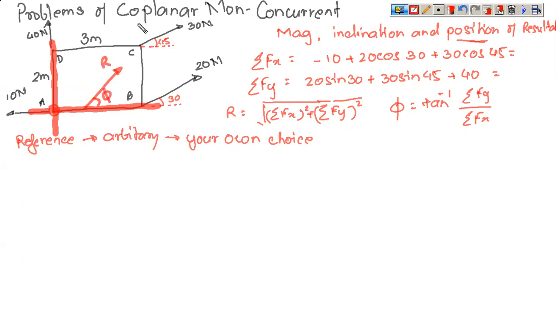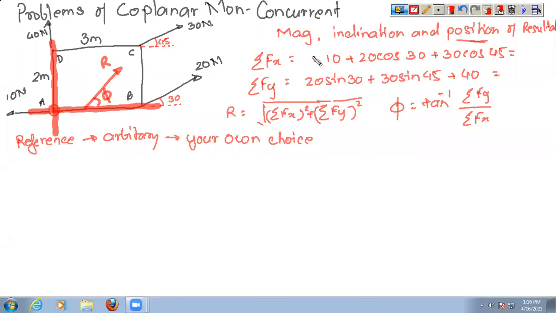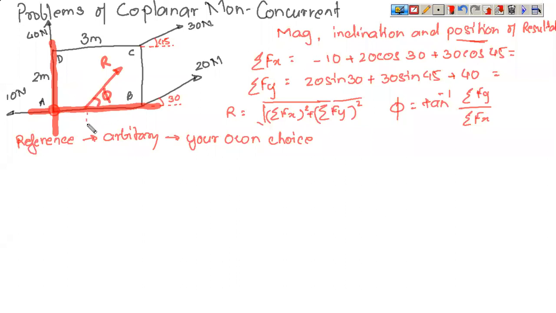Now the magnitude of R and phi you have already calculated, so this is not an issue. By solving these two equations, we have already calculated the value of R and phi. Only what we are doing is letting it act where this distance will be x. Let us assume that from point A, at a distance x.